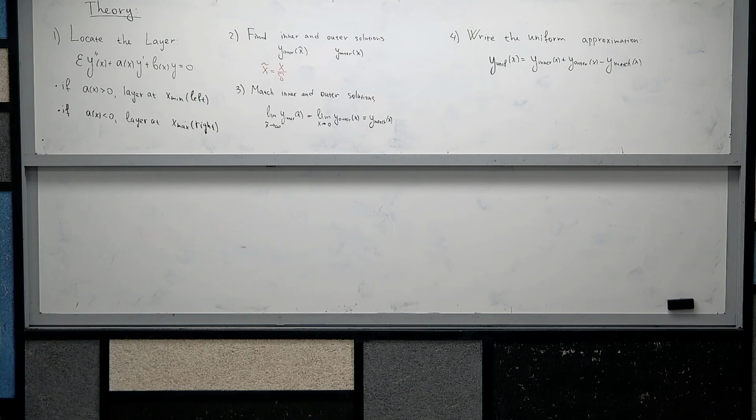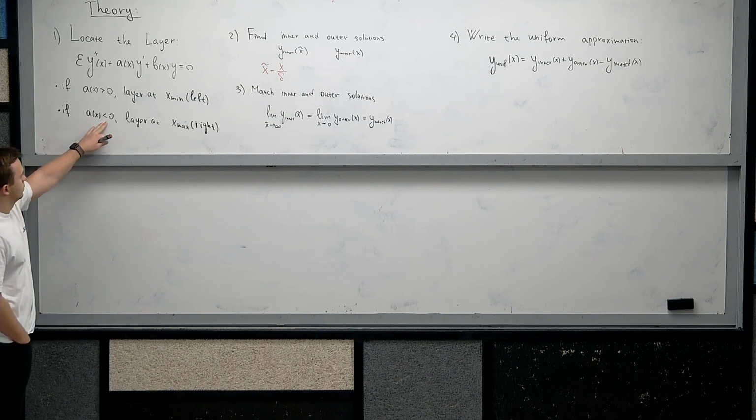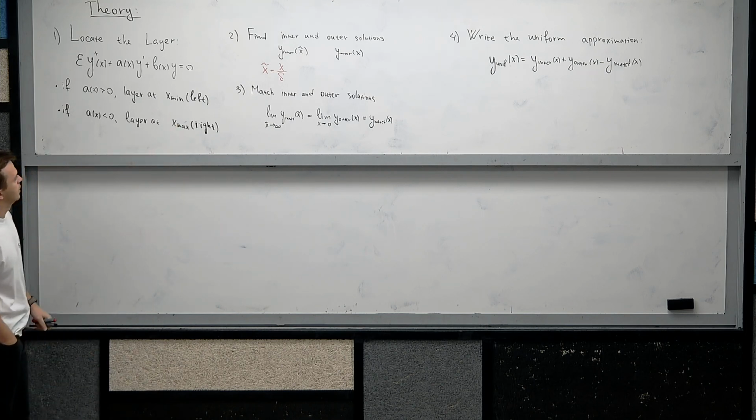In most of the problems, the boundaries are 0 and 1. And if a of x is less than 0, then the boundary layer is at x maximum.